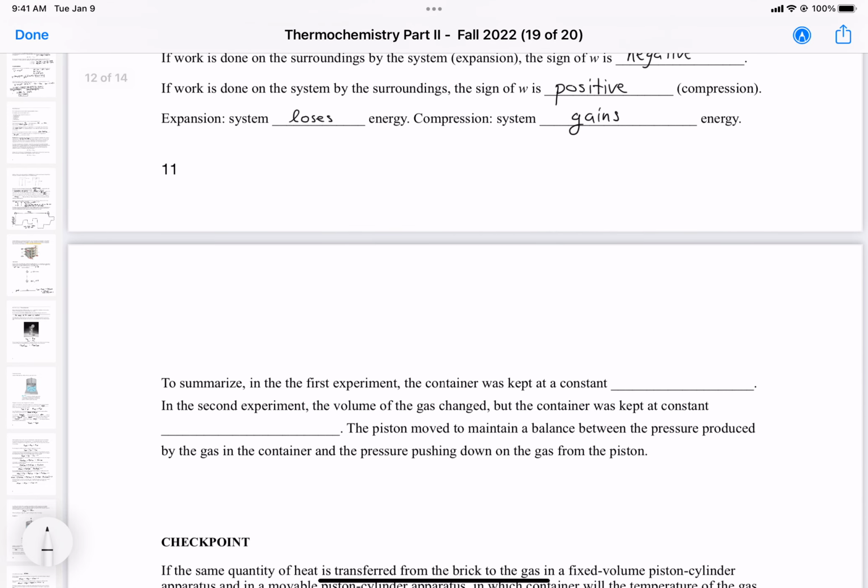So let's kind of summarize here. In the first scenario, first experiment, the container was kept at a constant pressure. Oh, sorry, not pressure, volume, because the volume was fixed, right? So it wasn't allowed to be changed. So we say constant volume. In the second experiment, the volume of the gas changed, right? Because the piston was allowed to move up.